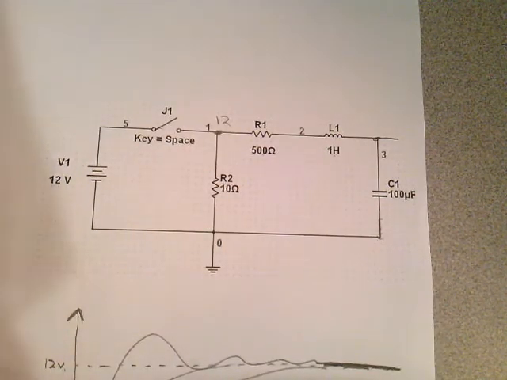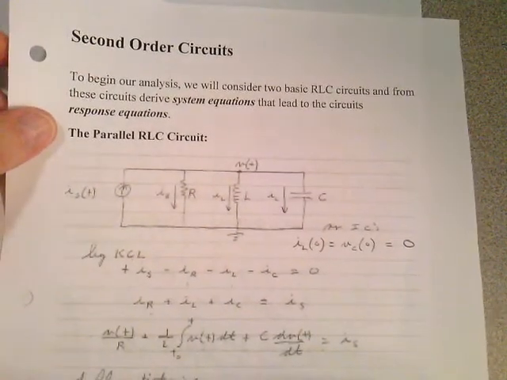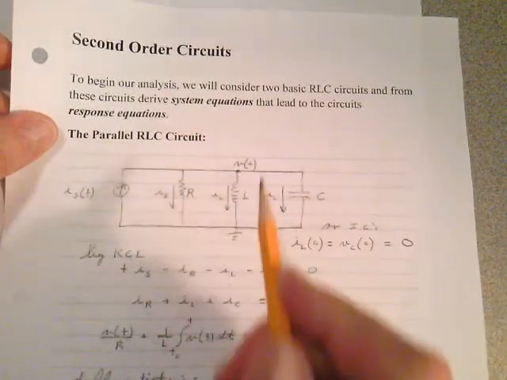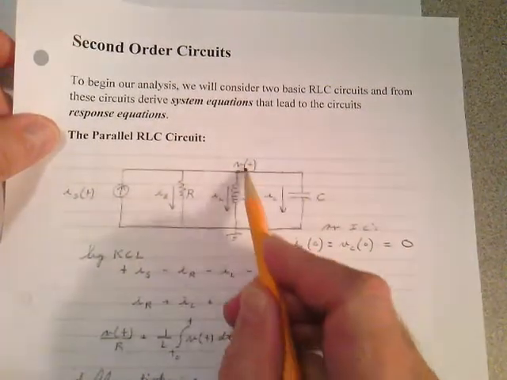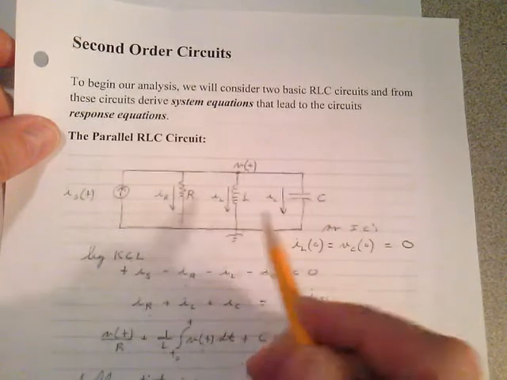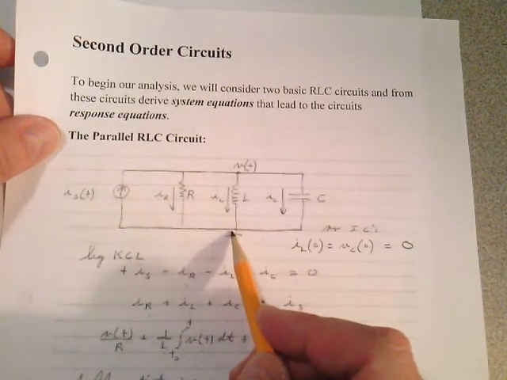Now, what about some of the other circuits? If you look in your textbook, they show you what happens if you look at the voltage with respect to time across this element. It's going to go to 0 because the inductor is going to look like a short. Think about that.